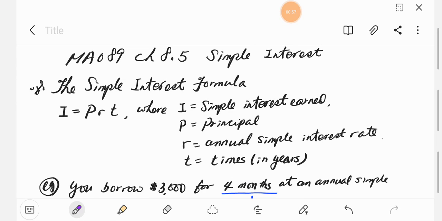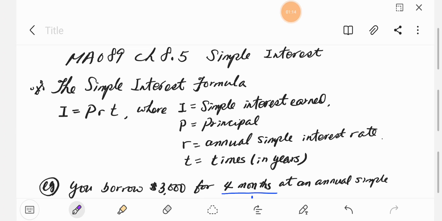So the amount you deposit will be the principal. The bank will pay you for using the money, and the amount that you receive from the bank is the interest.